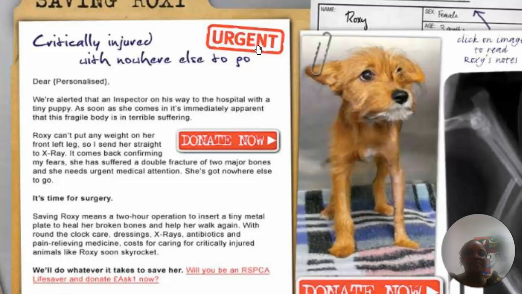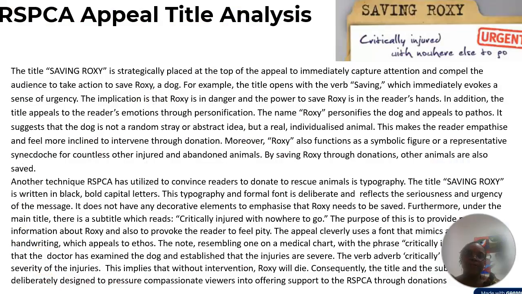And so this is something that you can do when you get a text. Analyze the title, break down the words, and you can write a paragraph. Of course, don't just read the title on its own. You will have to read the text to understand what the message is, and then discuss the placement of the title and its purpose, what is intended of the target audience, and the intended effect. And therefore, it is important to unpack the title.